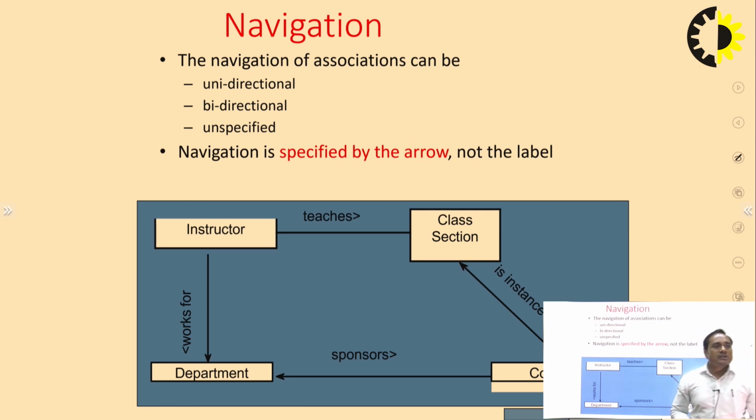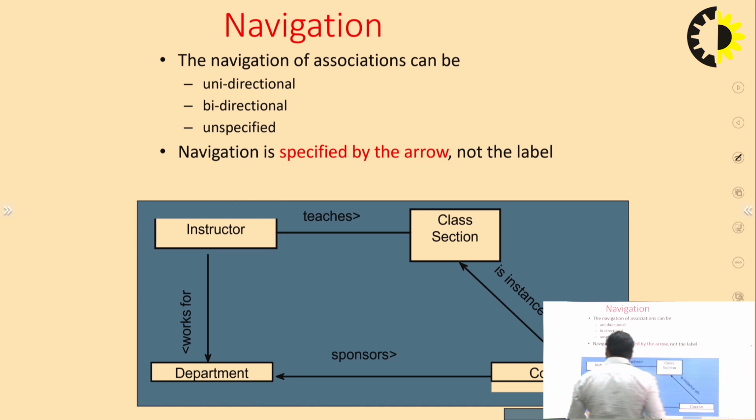So instructor and department, class section, and courses. The instructor, that is a teacher, teaches a class section, and similarly an instructor works for a department. So instructor is associated with the class section, instructor is associated with the department.